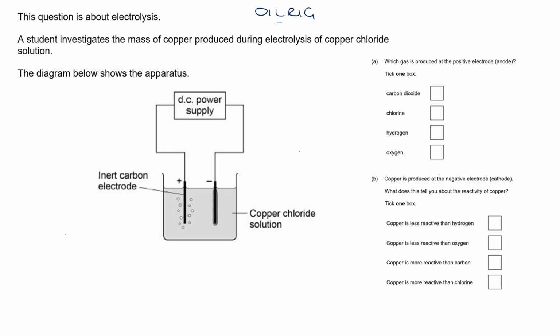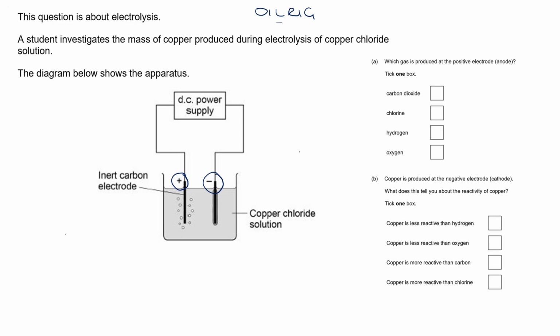Electrolysis is where we use electricity to separate a compound, and it includes the use of two electrodes, one of which is positively charged, which attracts negative ions, and at the positive electrode, that's where the ions are oxidized.